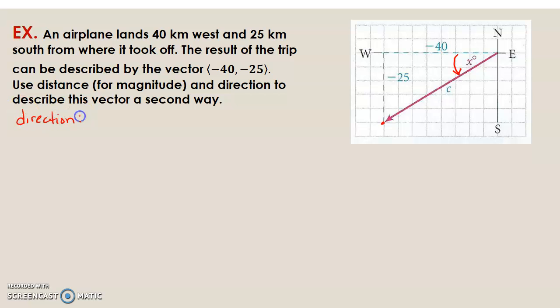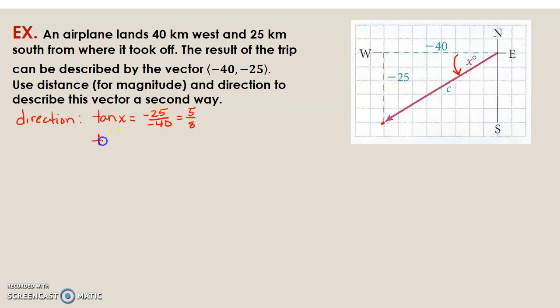we are going to do our trig that we've done before. It is the opposite and the adjacent, so that's tangent. So the tangent of x equals negative 25 over negative 40. And that reduces by 5 to 5/8.